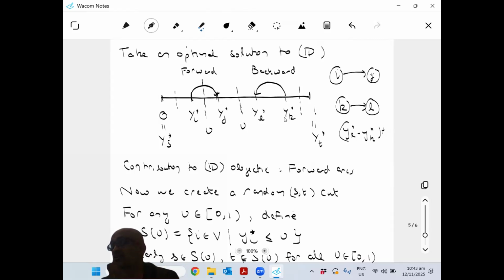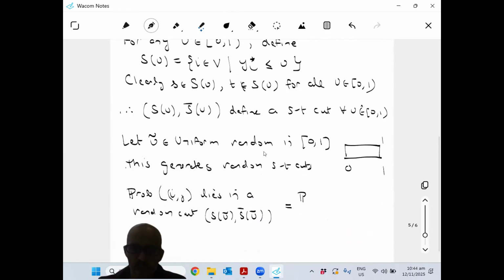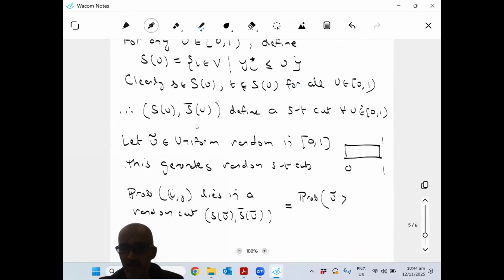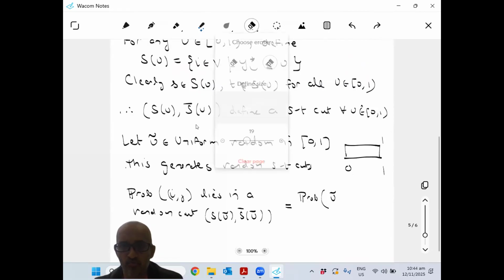Even if u lies here, this is a backward arc in the cut. So my only chance is when u lies between these two numbers, which means the probability that u exceeds yi star, so yi star is below u.